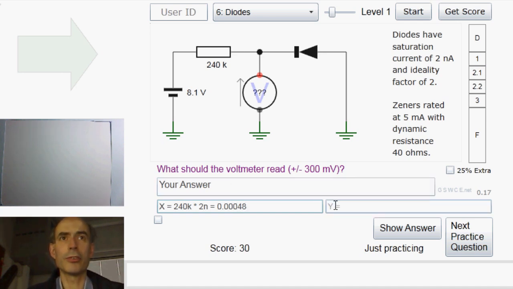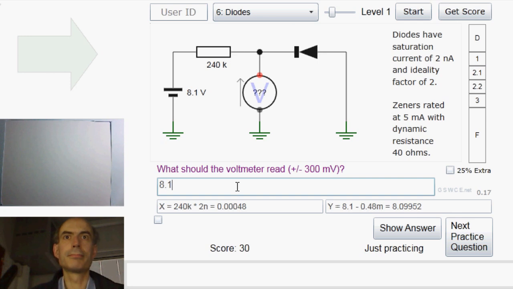So the exact answer I would expect to be 8.1 minus 0.48 millivolts, or 8.09952, but 8.1 is good enough. Just assume that no current is flowing down through this diode at all, and therefore the voltage that you measure will just be equal to the voltage source here.